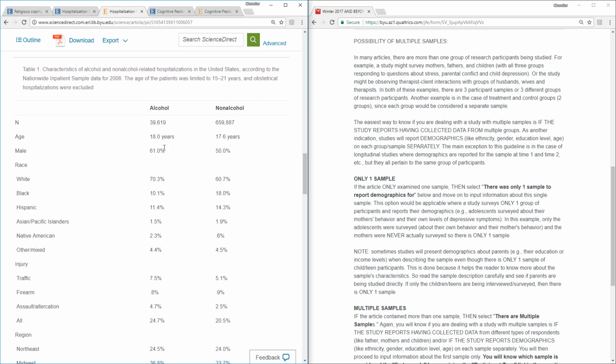If we scroll down in the article, we can see demographics reported separately for these two subsamples from the data set. This will be multiple samples.